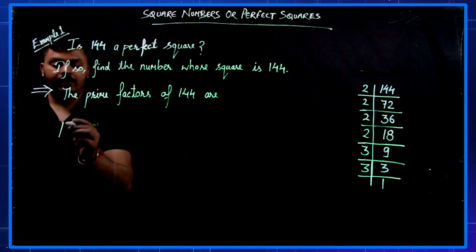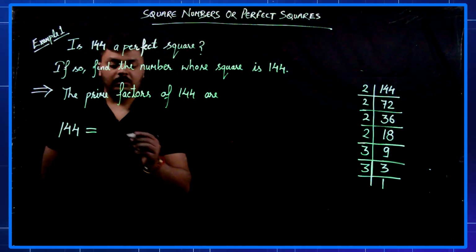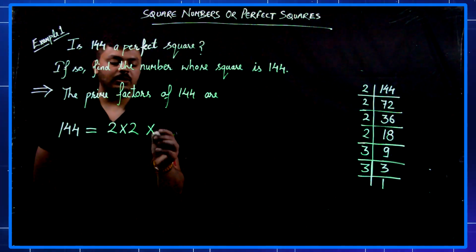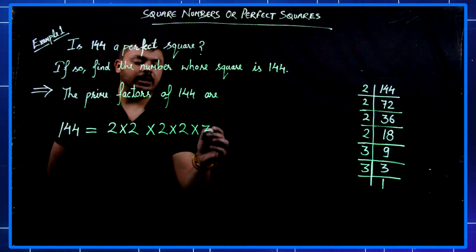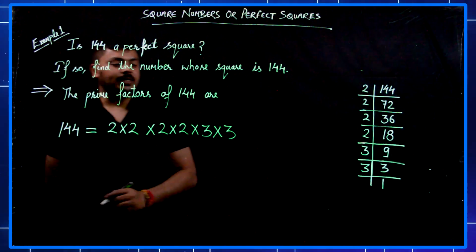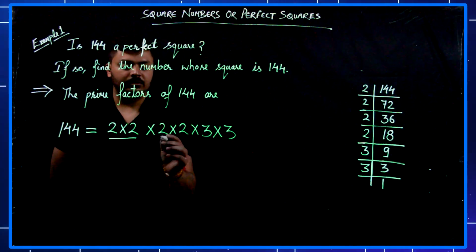So we can write 144 as the product of prime factors 2 multiplied by 2 multiplied by 2 multiplied by 2 multiplied by 3 multiplied by 3. Now let's construct pairs of similar factors.